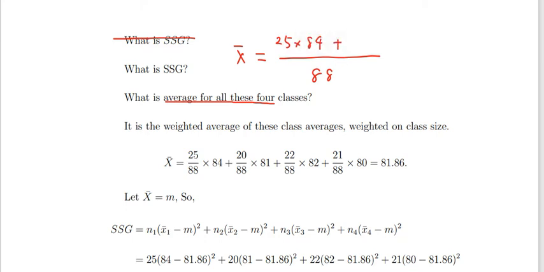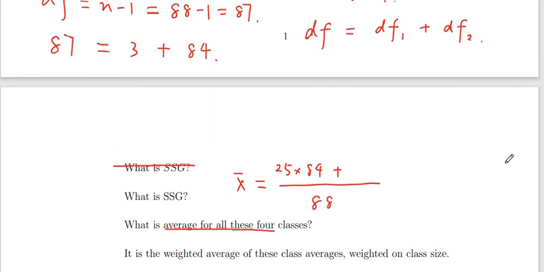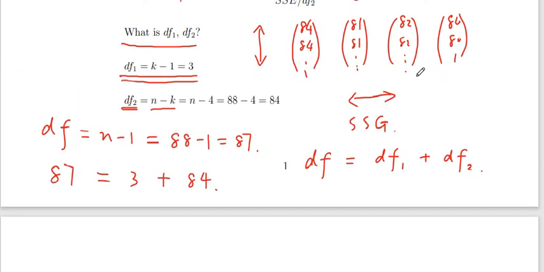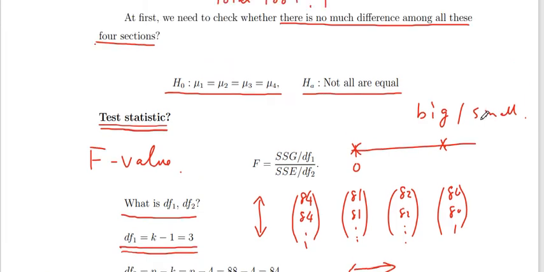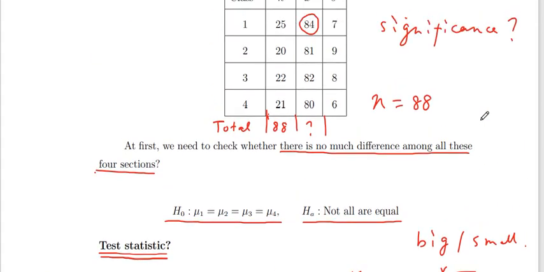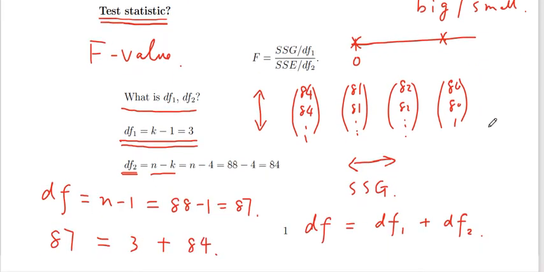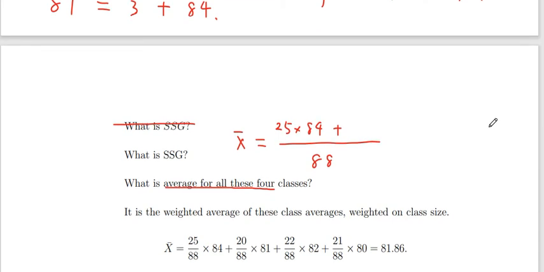Plus class 2, how many 81? We have 20, 81, so 20 multiplied by 81. So this value for all should be calculated this way.